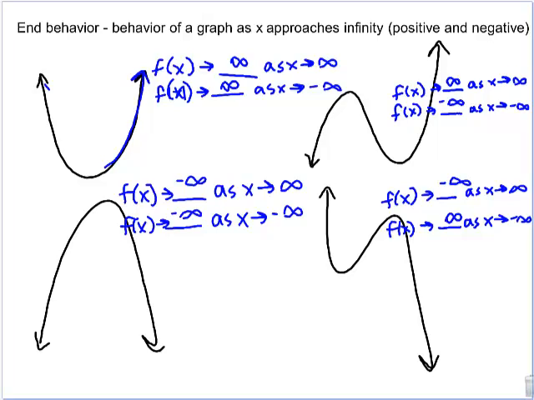Now, we also know some things about the leading coefficient of our graph and some things about the degree. These first 2 graphs on the left-hand side look kind of like a quadratic. What's the degree of a quadratic? What's the highest exponent of a quadratic?